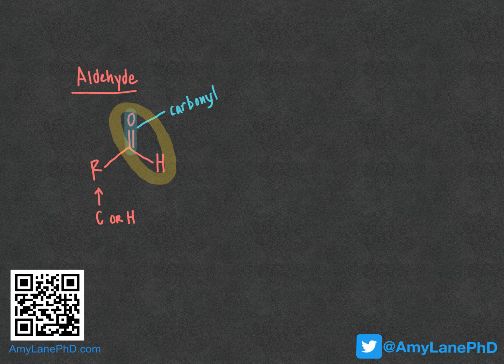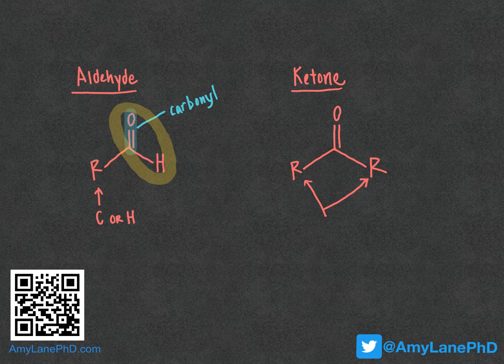A ketone, on the other hand, also has a carbonyl, making it similar to an aldehyde. However, in the case of a ketone, the carbonyl group that we've just drawn is directly connected to two other carbon atoms. So here, our R groups, here and here, have to begin with carbon atoms.